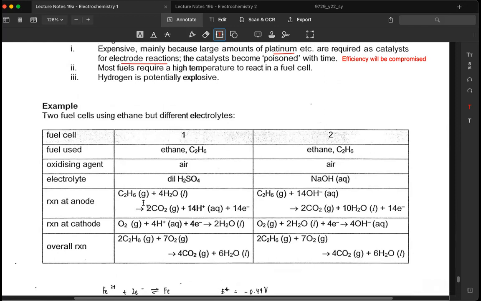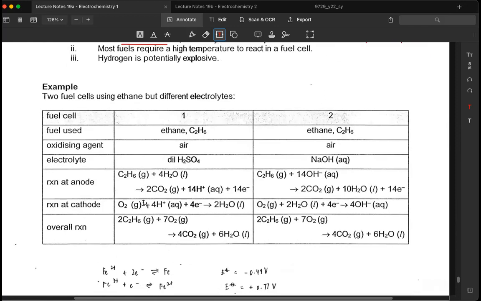This one is just an example for you to make reference. You just need to understand that different electrolytes will result in different reactions at the electrode, but the overall reaction is still the same. That's the whole point.